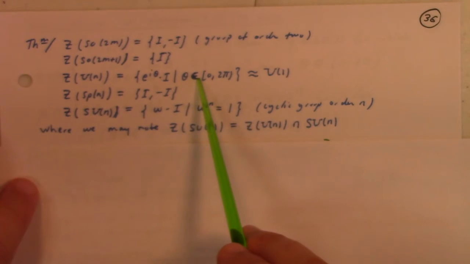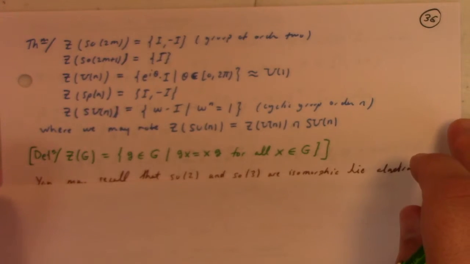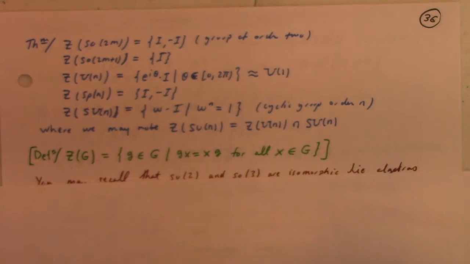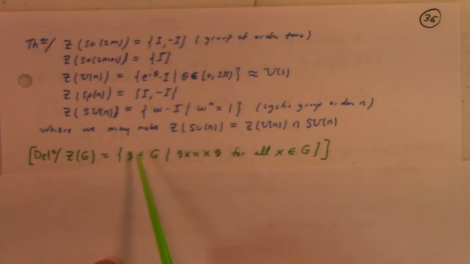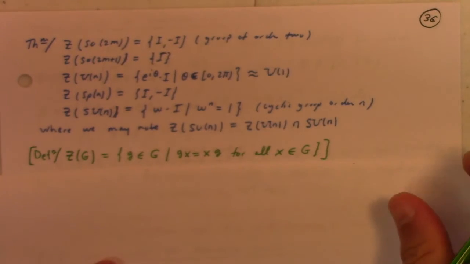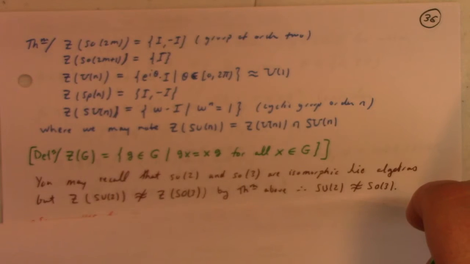So this intersected with SU(n) gives you that. And just in case you don't know, the center of G is the set of g in G which commutes with all other x in G. So it's elements which commute with everything else.